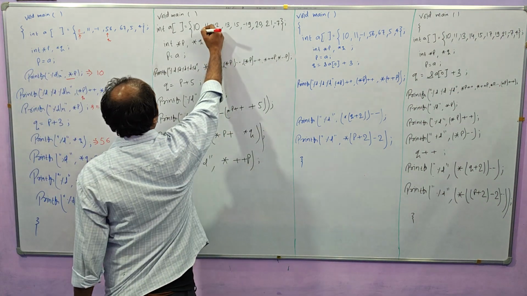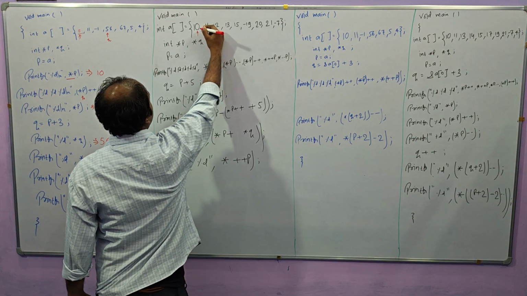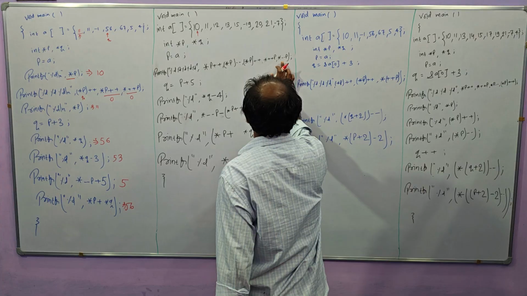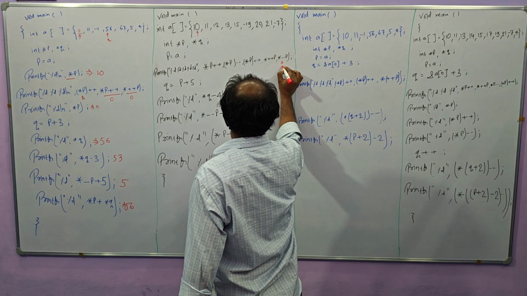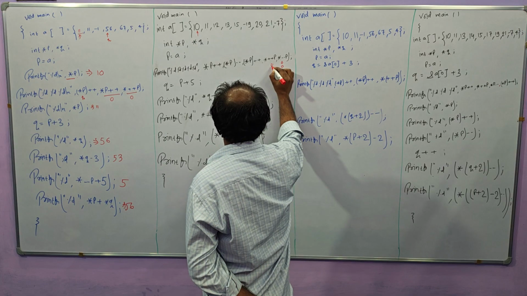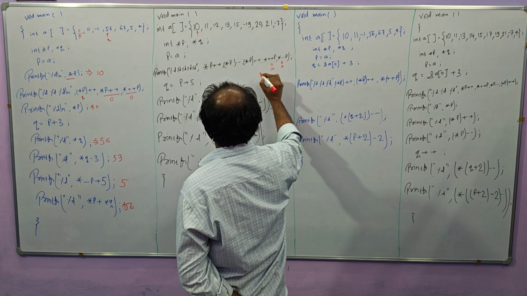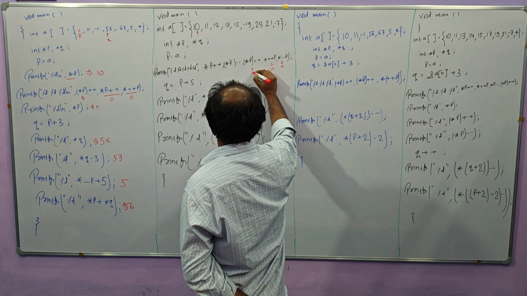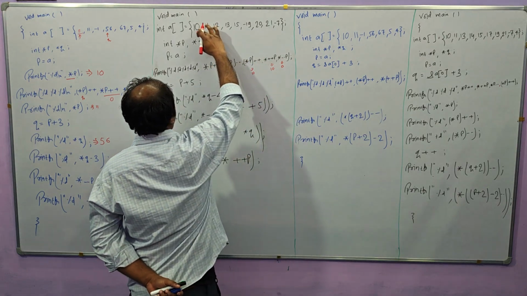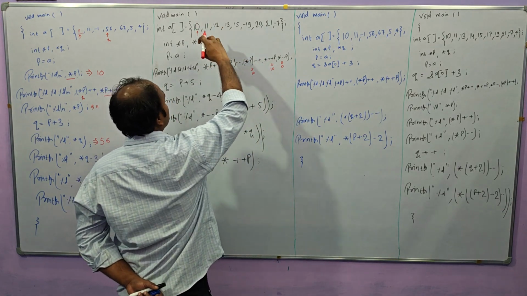Now in this question, p is pointing to this element. When it gives 0, it gives 10, it also gives 10, and plus plus is going to 11. So this value becomes 11.